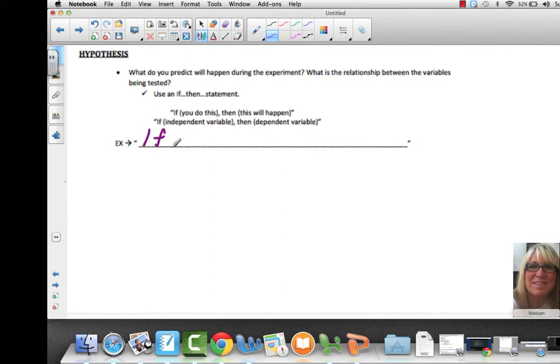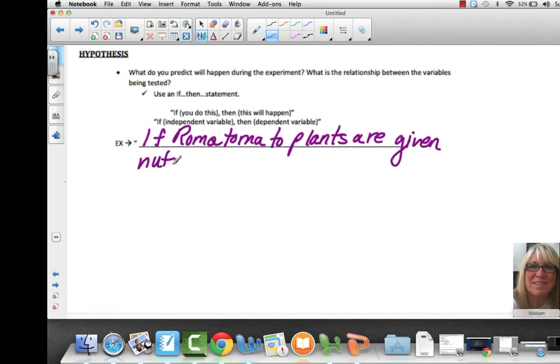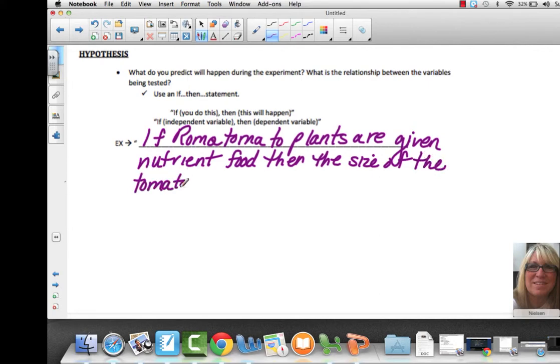So if Roma tomato plants are given nutrient food, then, there's the then part, then the size of the tomatoes produced will increase.